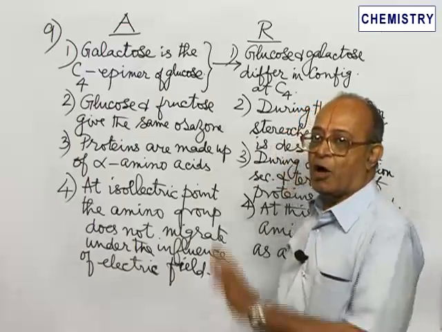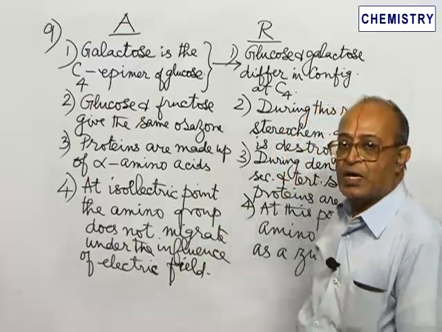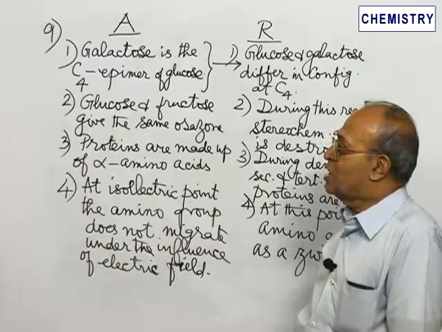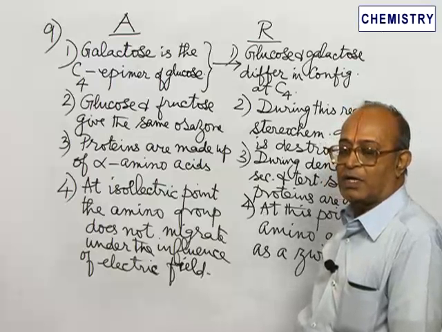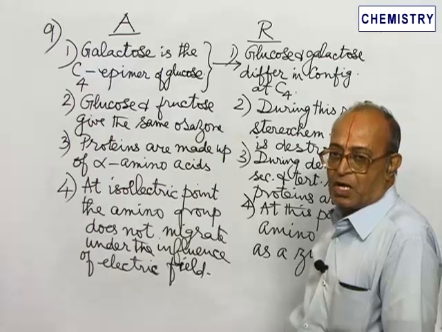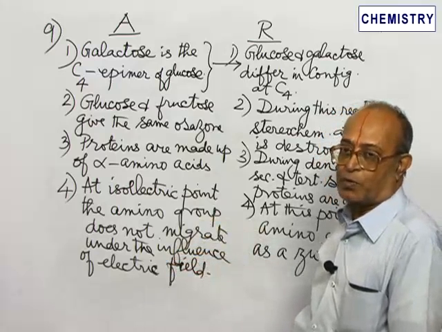Glucose an aldohexose, fructose a ketohexose. In glucose, carbon number 1 is the aldehydic group. But in fructose, carbon number 2 is the ketonic group.